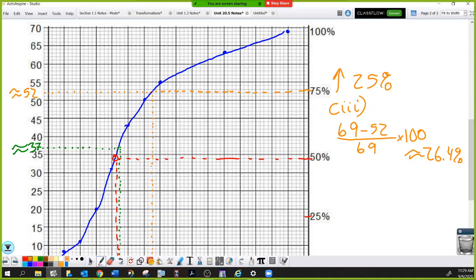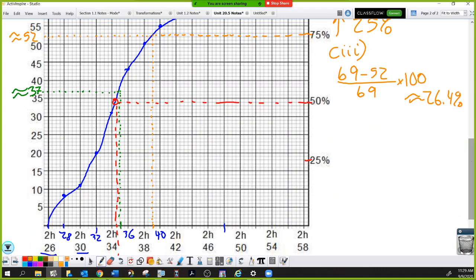And part 4, time taken by a competitor who finished in the top 20%. So the top 20%, huh? Well, we would need to know what is 20% of the total number of people. I don't really have space to write anywhere. So this is for part 4.